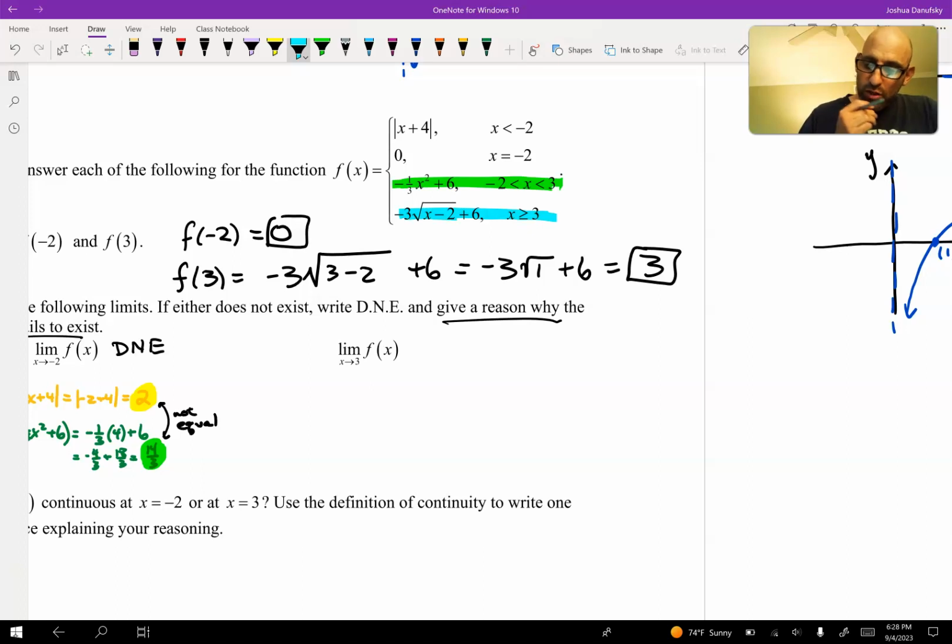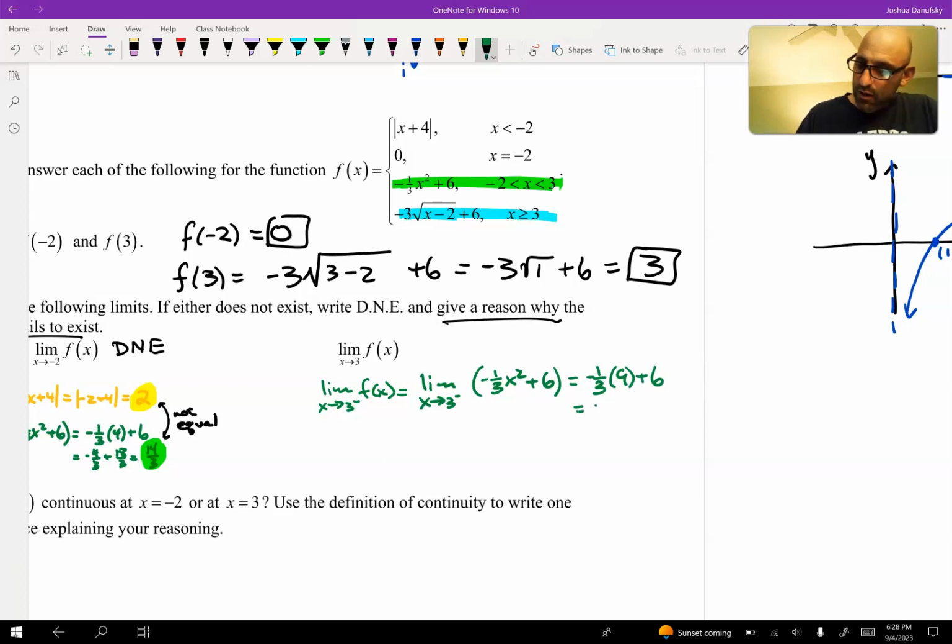Green when we're approaching 3 from below, blue when we're approaching 3 from above. So we're going to take the limit as x approaches 3 from below of f of x, and we're going to get negative 1/3 x squared plus 6. Direct substitution, that's going to give us negative 1/3 times 9 plus 6.